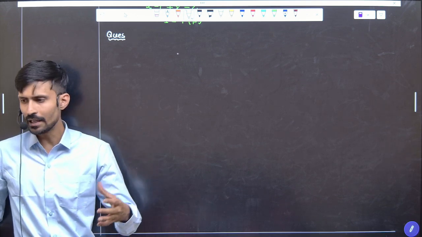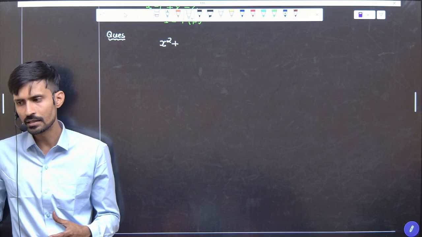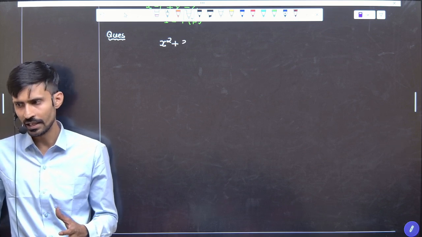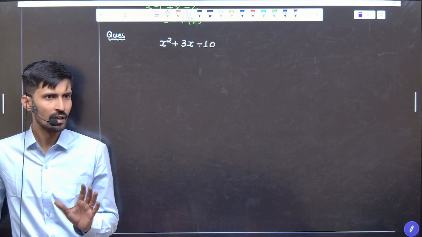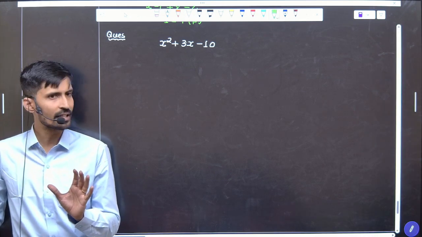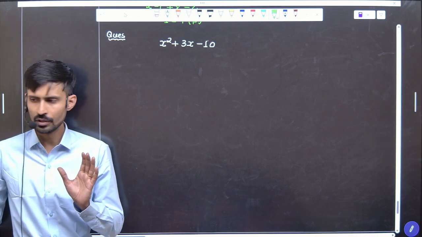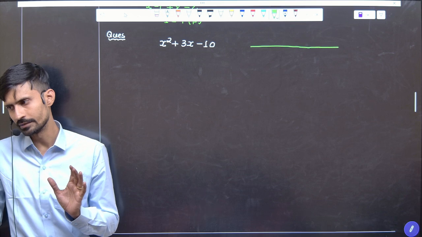Okay. So simply I am going to take the quadratic x square plus 3x minus 10. I am asking you, draw its sign on number line. Okay? Everyone, draw its sign on number line.